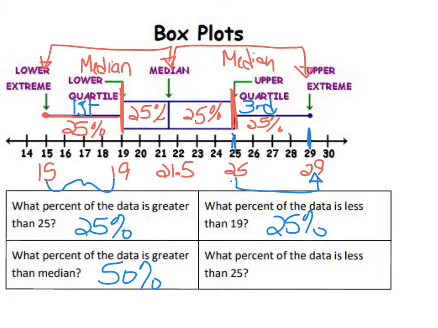Less than 25? 75. You guys understand that? Okay, so it's going to be 75%, anything that's less than 25. So basically, if you remember that, then you shouldn't have any trouble remembering how to read a box plot.